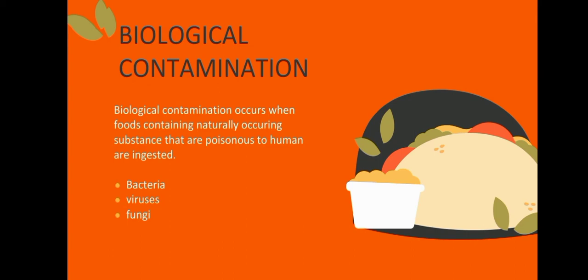Here we have bacteria. Bacteria are small microorganisms that split and multiply very quickly. In conditions ideal for bacterial growth, one single-cell bacterium can become 2 million in just 7 hours. One example of a bacteria is Salmonella.